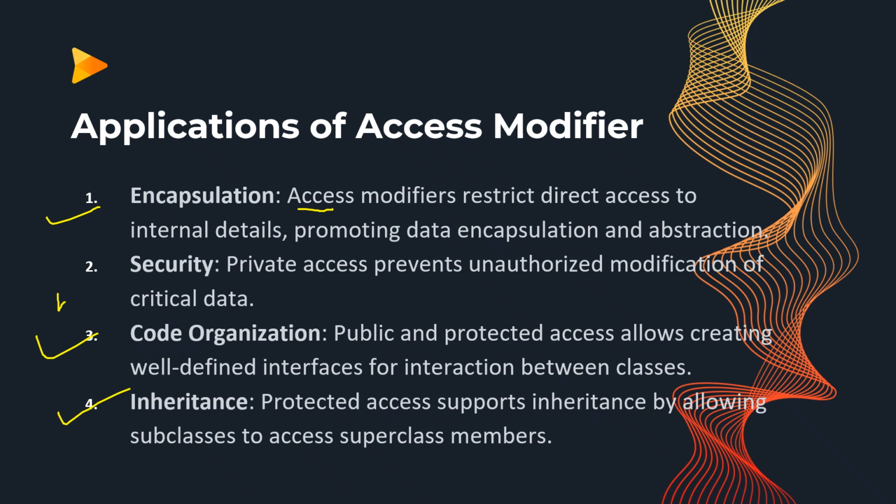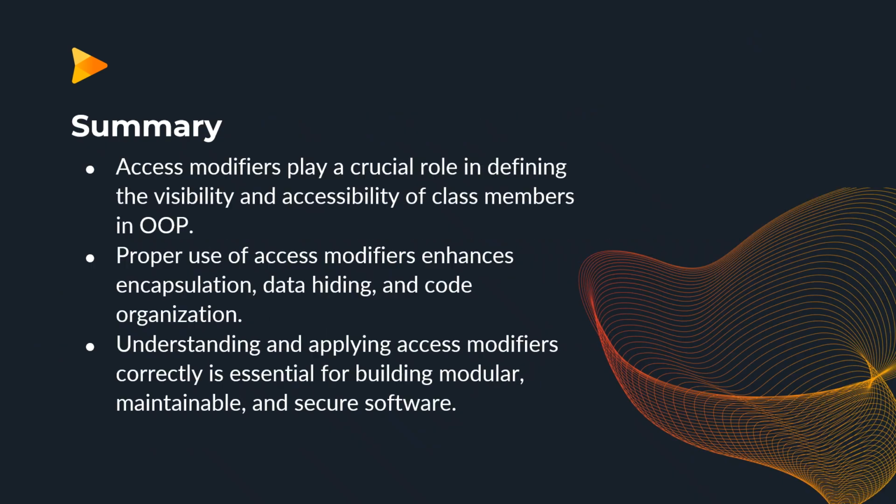Now we are going to end our session with the summary. We have seen access modifiers. Access modifiers provide accessibility and visibility of our class members. There are four types of access modifiers: public, private, protected and default. We have seen all the details of all four access modifiers.